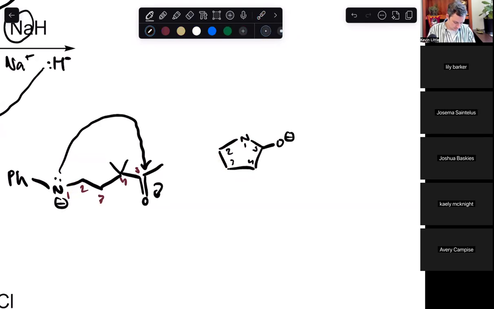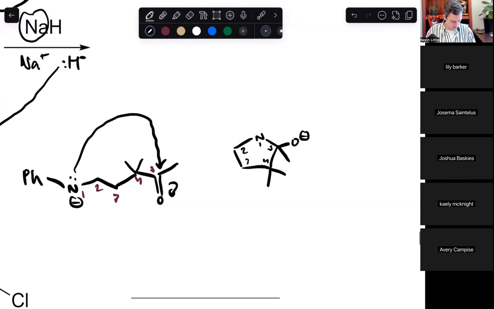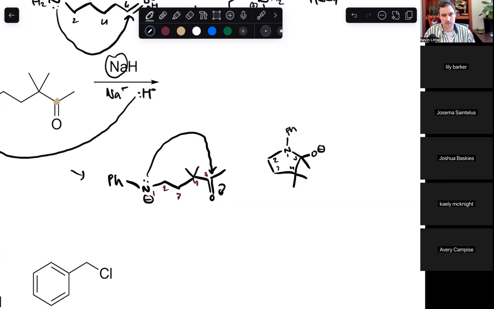So there's a methyl here. On carbon 4, I have 2 methyls. And on my nitrogen, I have a phenyl coming off of it. So still connected to that nitrogen would be the phenyl. Does that make sense? We still make the core, we still make the ring, and then we number it and make sure all the numbers are in the right place.